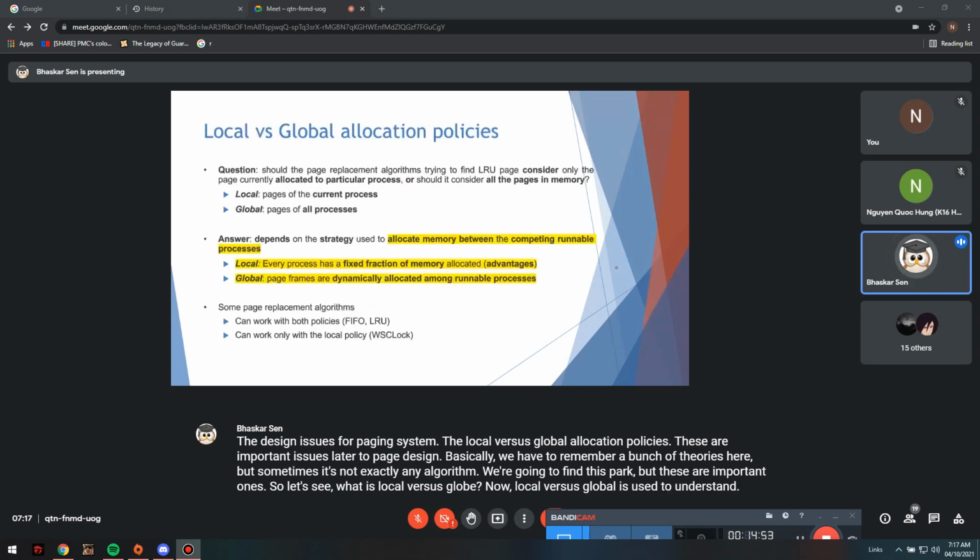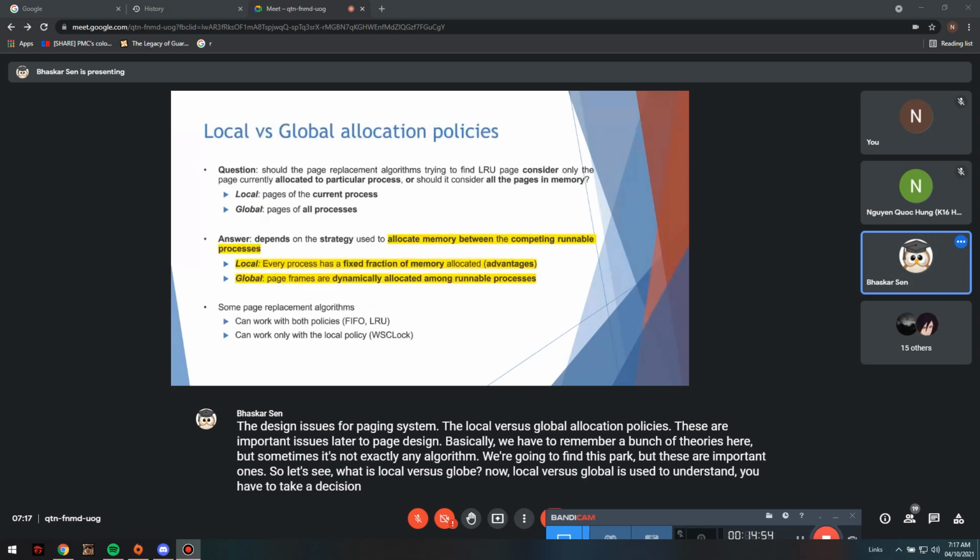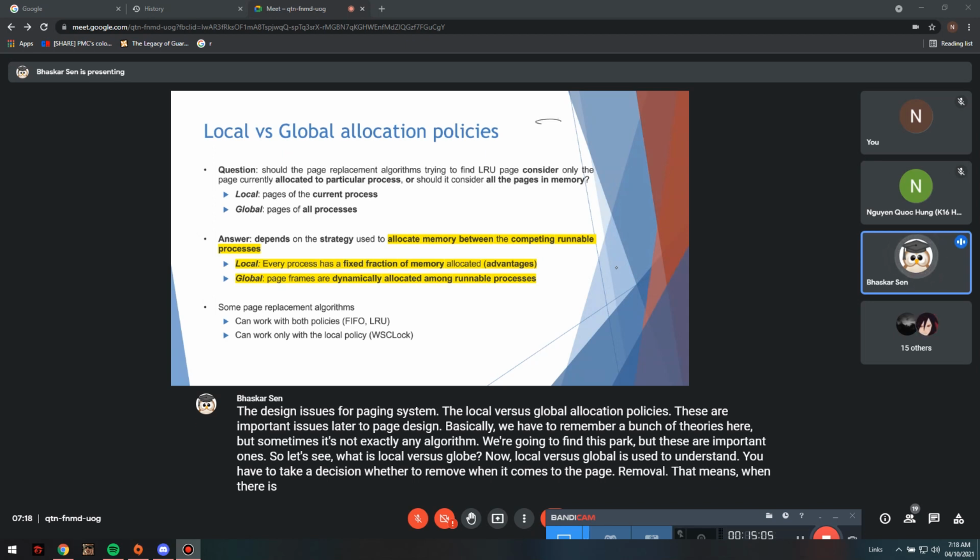You have to take a decision whether to remove when it comes to the page removal. That means when there's a page fault, remember we get page fault, and on top of that, the RAM is full.